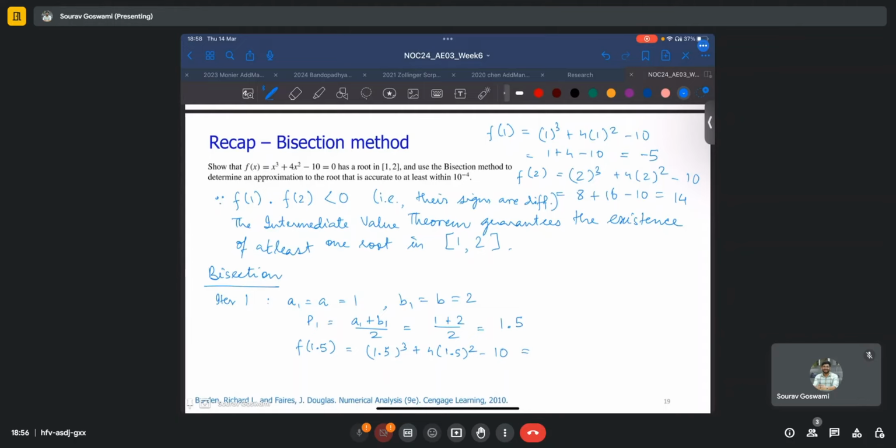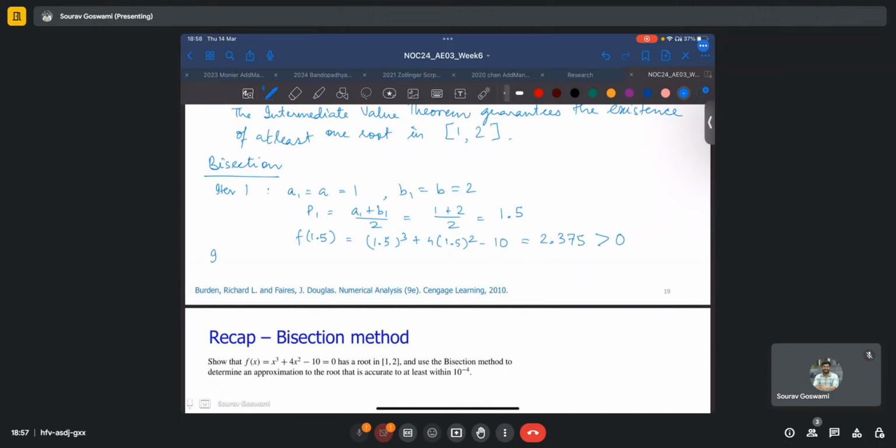1.5 cube plus 4 times 1.5 square minus 10, which is 2.375, greater than 0. Since it is greater than 0, for my next iteration, I'll just start here.